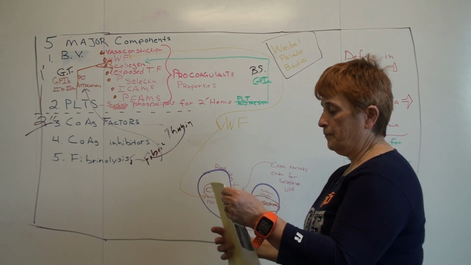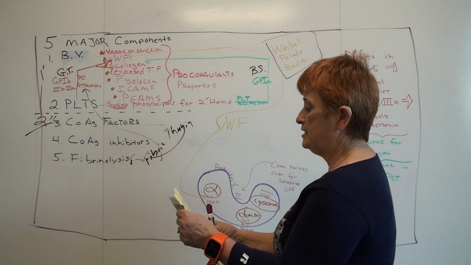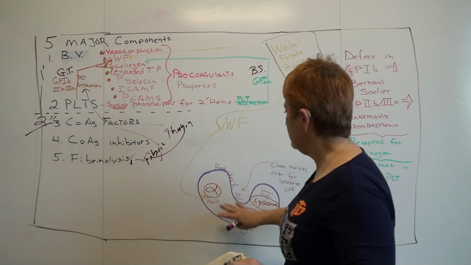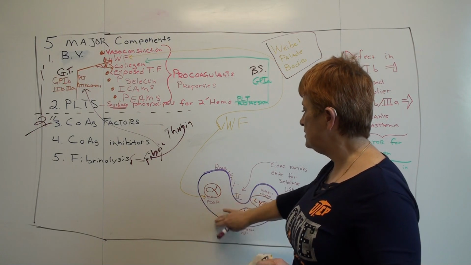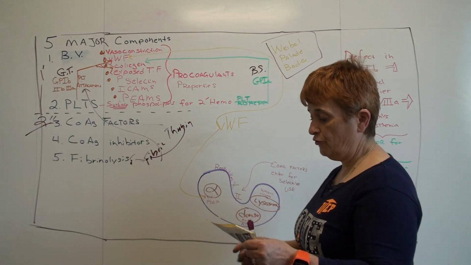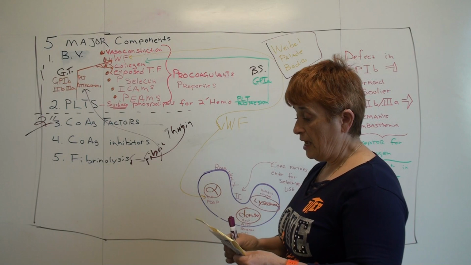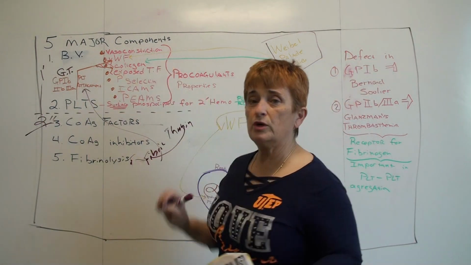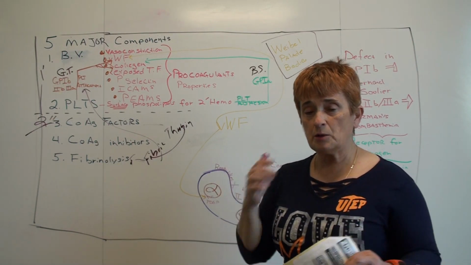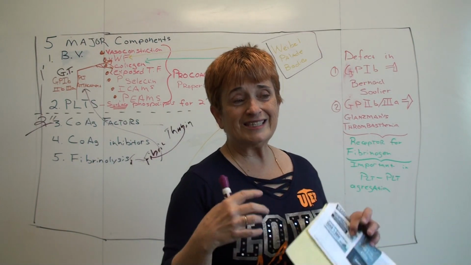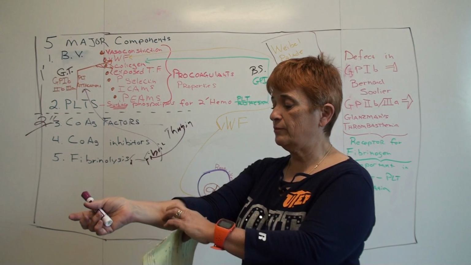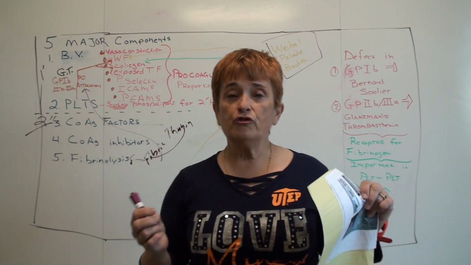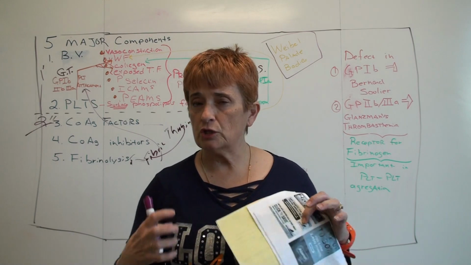Okay, so again, von Willebrand's is synthesized in my endothelial cells here and in my megakaryocytes where the platelets come from, and they get their alpha granules. So when can von Willebrand's be released, right? Von Willebrand's can be released, so I don't have to just get a cut there, but it can also be released if I'm under a lot of stress.